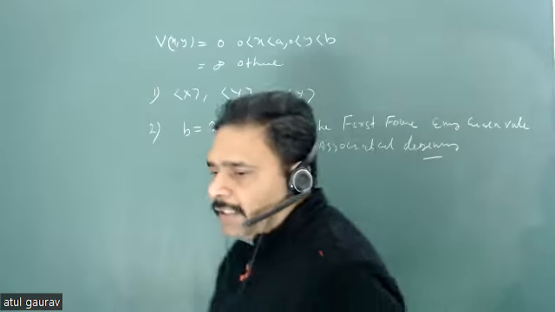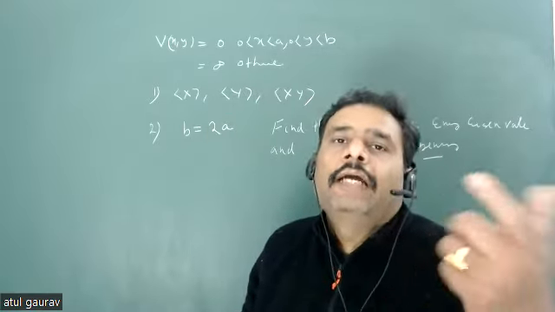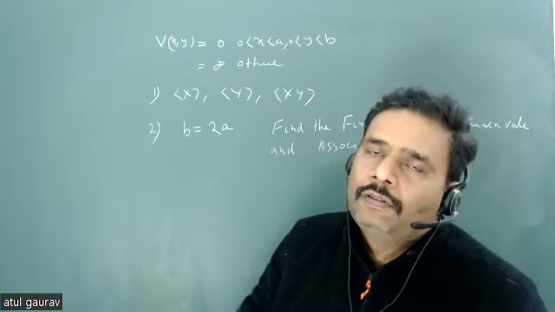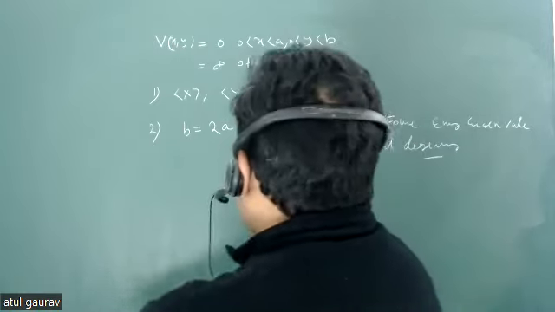What is associated degeneracy? For a given energy eigenvalue, you can have more than one eigenfunction. So if this is the case, you can have degeneracy in your calculation, okay, in your system.